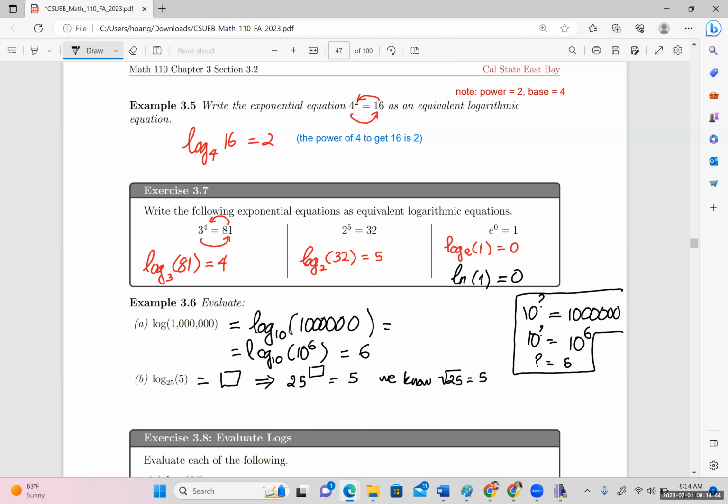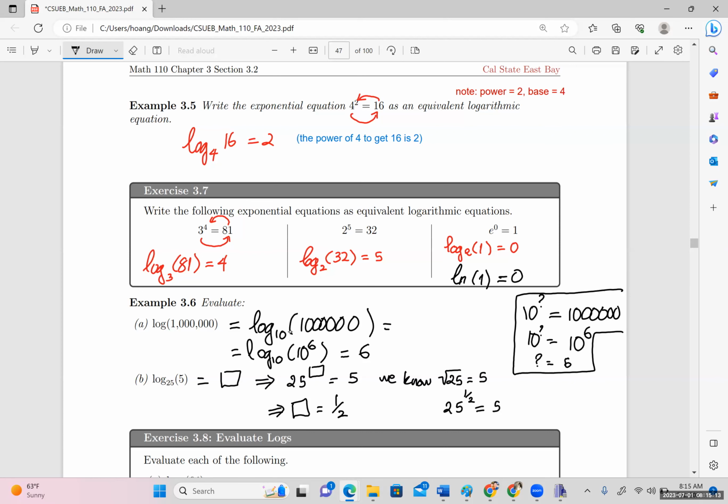So the square root of 25 can be rewritten as 25 raised to the power 1/2, and that's equal to 5. So the box must be 1/2 only. Does that make sense?